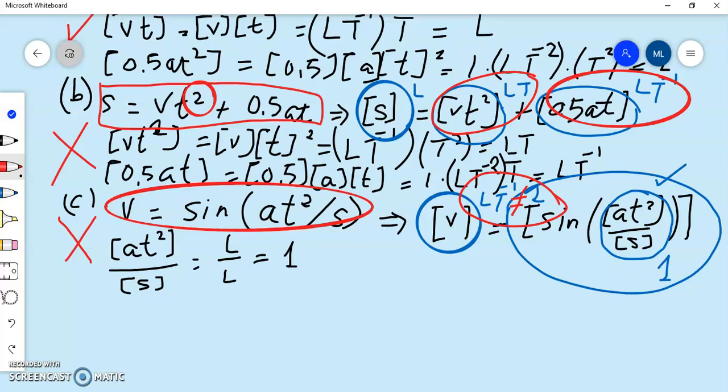Therefore the equation is not correct. So you must have made a mistake somewhere along the way, and you should go back and check your work. So dimensional analysis is very important for your understanding of the equations and for checking your work to see whether it is correct or not.